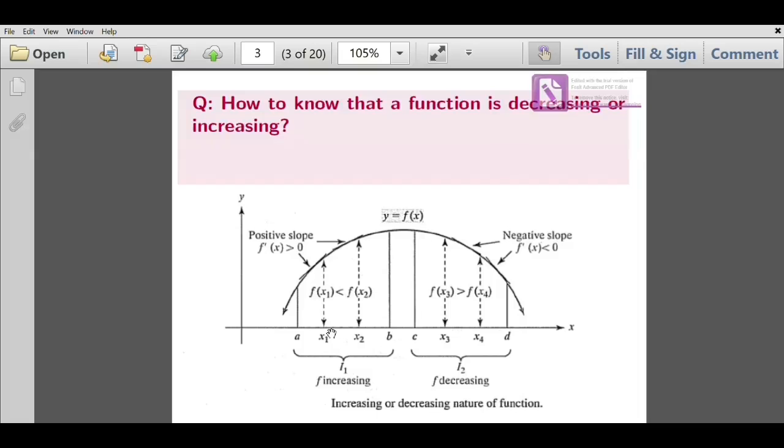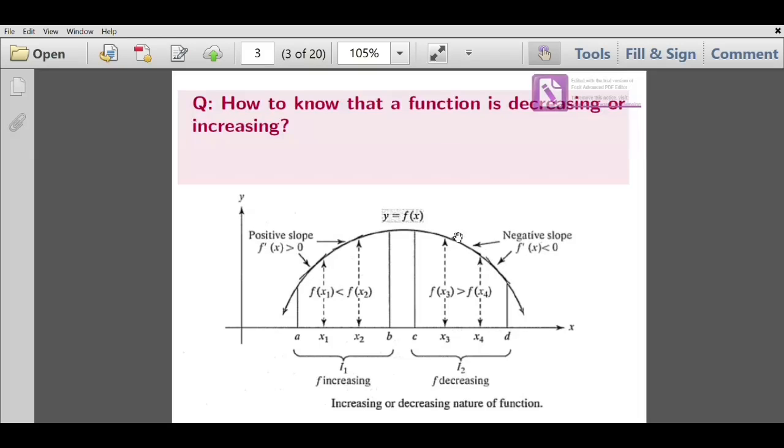So the function here is increasing since x1 is less than x2 and f(x1) is less than f(x2). What about the function when it is decreasing? Let us consider the second interval from C to D, which is I2. Let us take x3 and x4, where x3 is less than x4. If you evaluate f(x3), it will be here, and f(x4) will be here.